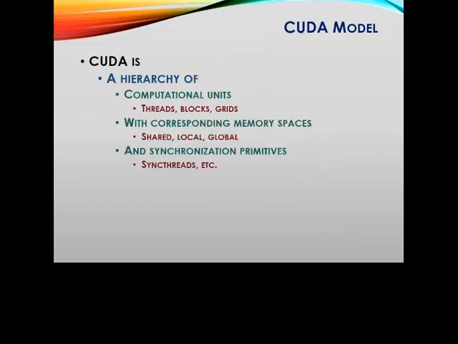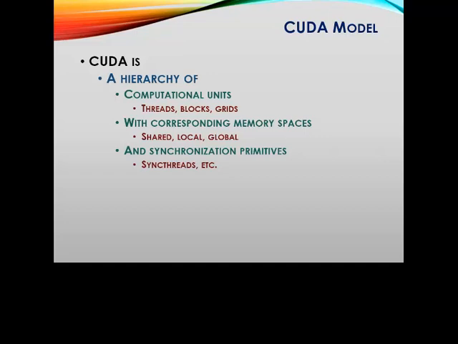So this brings us to a very good idea as to what CUDA is. CUDA is a programming model that is built on a hierarchy of computational units: our threads, our blocks of threads, and the grids that each kernel is going to be executed on, with their corresponding memory spaces: shared, local, and global.